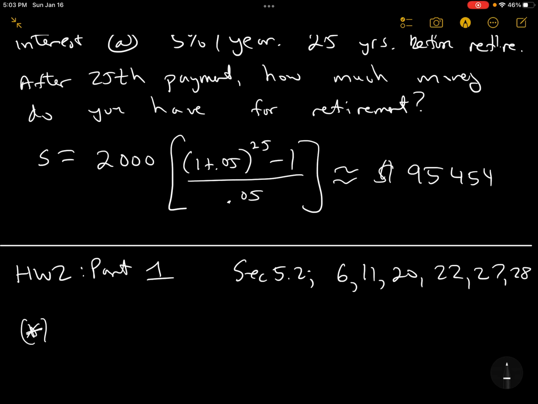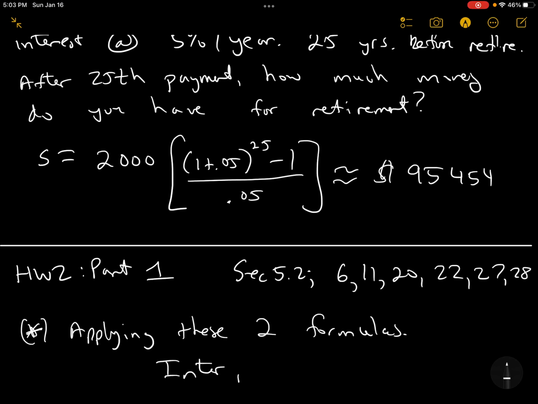And all you're doing is really thinking, reading, and applying these 2 formulas. The interpretation is everything. All right, well, I'll see you in a few minutes for some more examples.